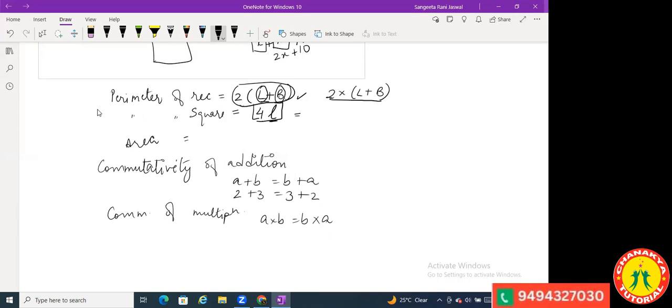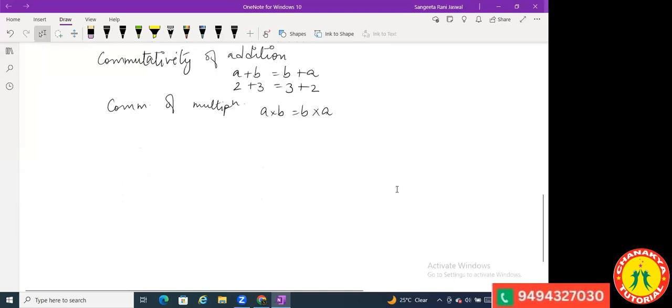Now, I have another rule, distributivity of numbers. What is the distributive rule? Distribution is when I distribute into different parts. Suppose I want to write 5 into 120.